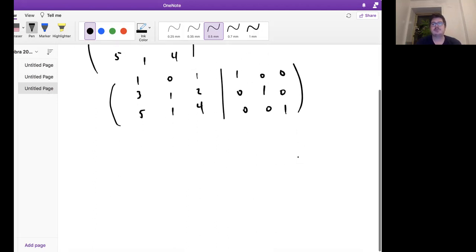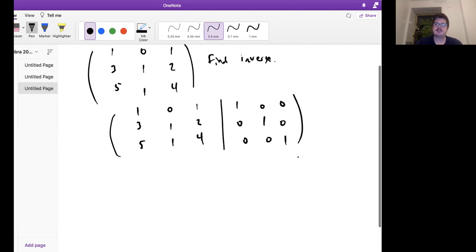Okay, what's your first step? Well, here's the first step. I augmented with identity. So what's your first step in putting this into reduced echelon form?